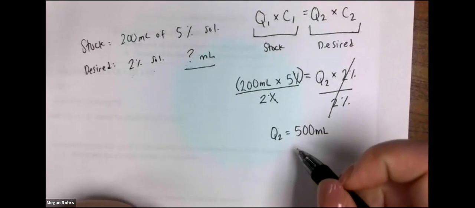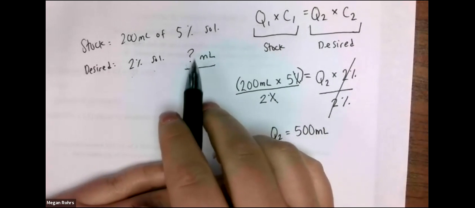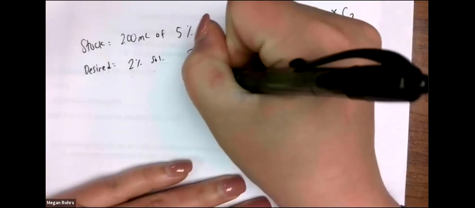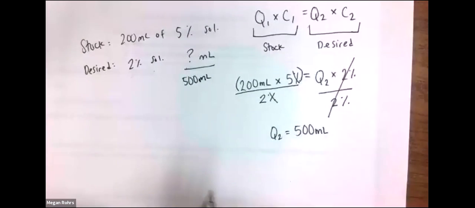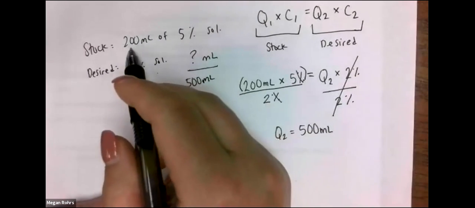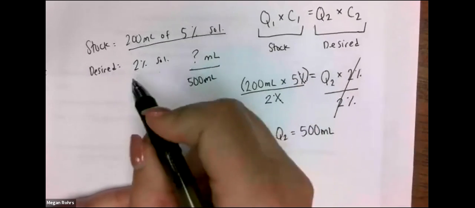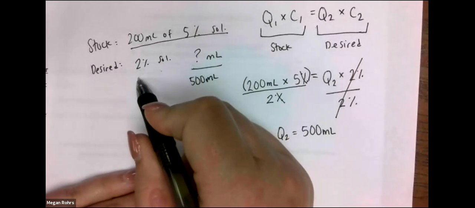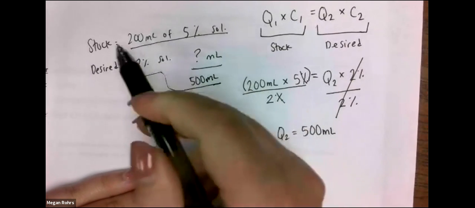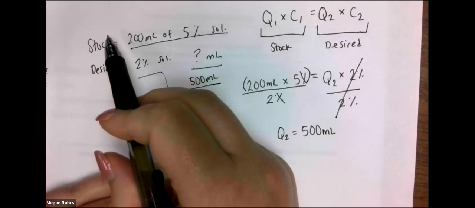So we just solved for the amount of solution that we are going to make here. We're going to make 500 mils of this solution. If I am taking 200 mils of a 5% solution and I want to make a 2% solution that is 500 mils, I'm going to be combining this stock solution with a solvent or a diluent, okay?